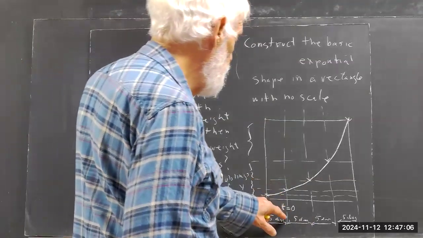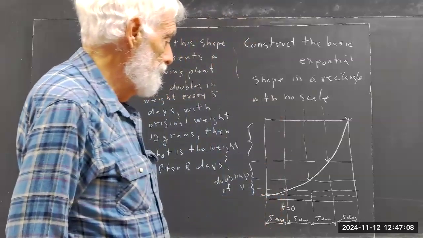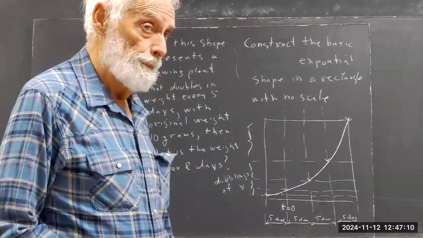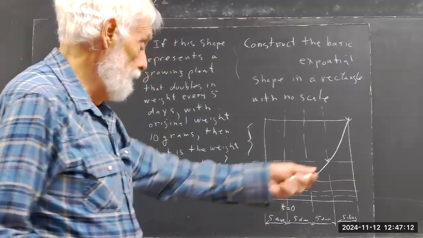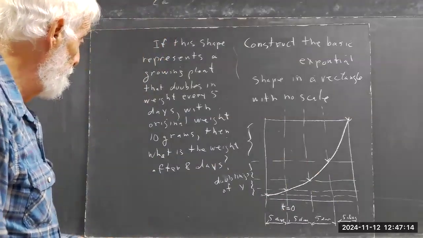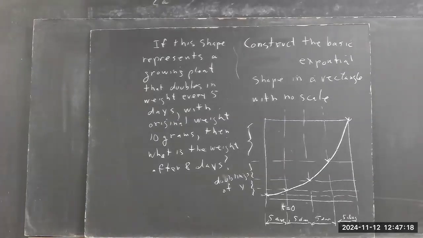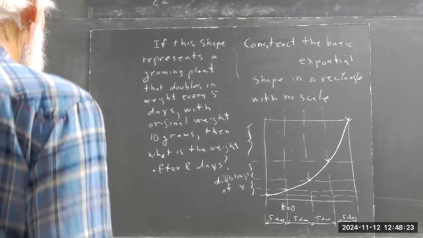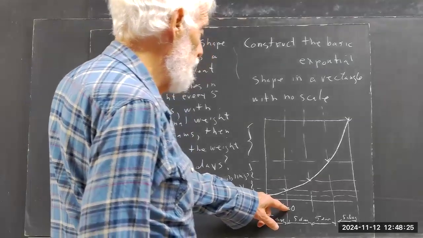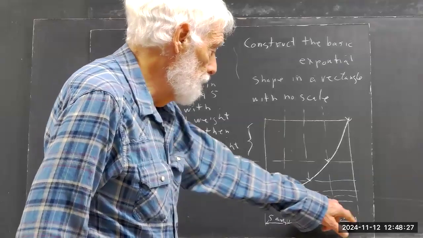Now, if t equals 0 on this line, label the rest of them. What's t on each of the rest of the lines? Okay, well, we have t equals 0 here, and we have 5-day increments.